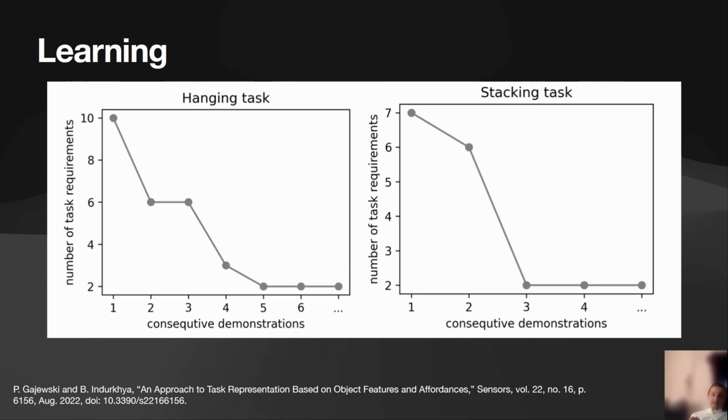In the hanging task, if everything goes well, because there is one problem: when some recognition routines don't work properly, the system at the current stage cannot cope with that. So I made sure that the order is right. But if everything goes well, the hanging task converges to 2 requirements after 5 demonstrations, and the stacking task converges to 2 requirements after 3 demonstrations, and it doesn't go lower than that.